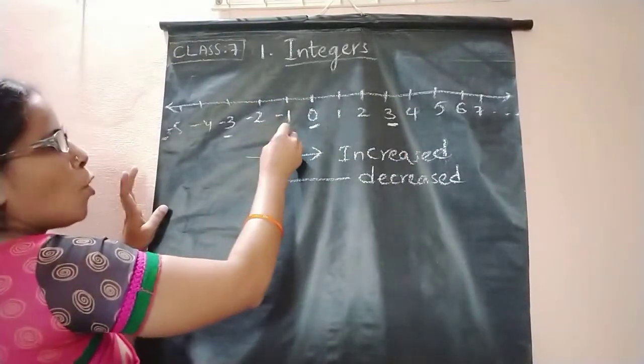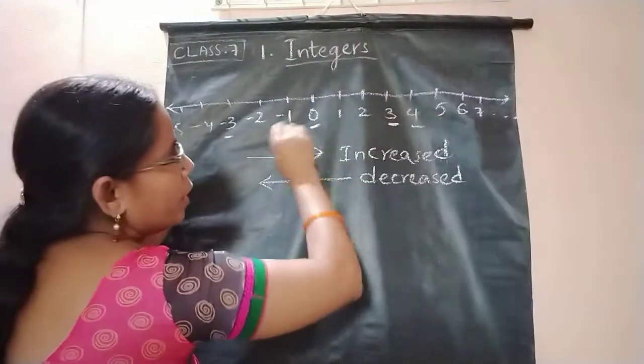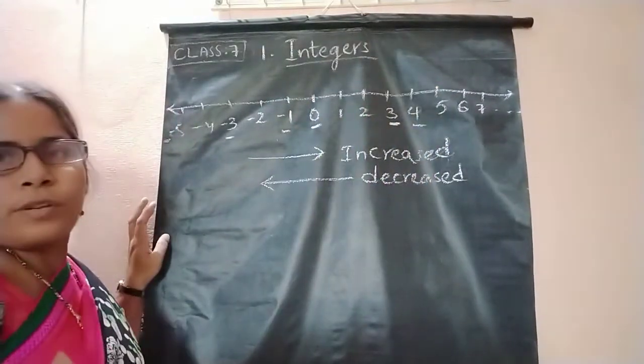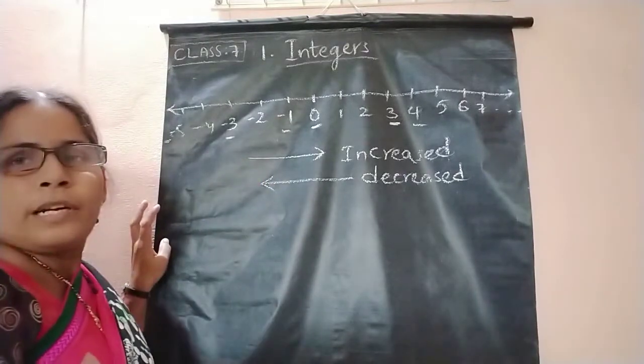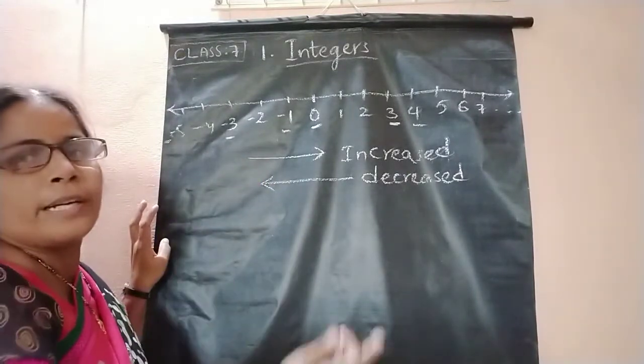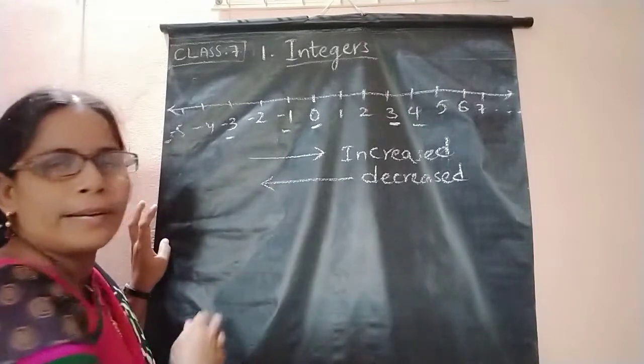If you go from minus 1 to 4, the values increase. Understand? This is the main theme of integers: how we take increasing values and decreasing values.